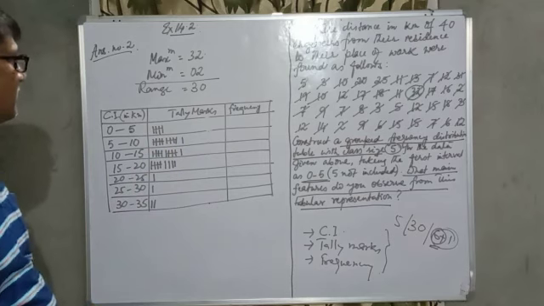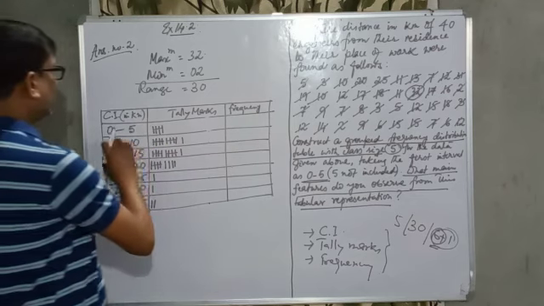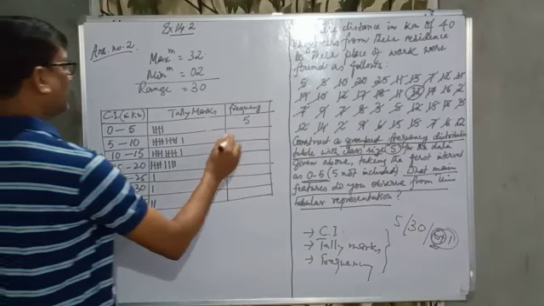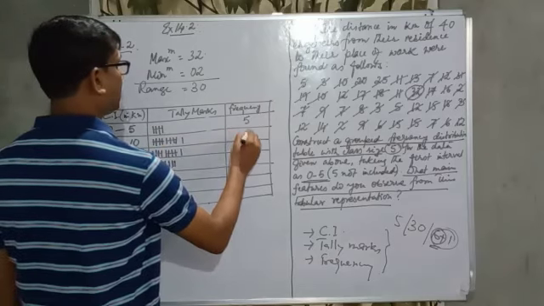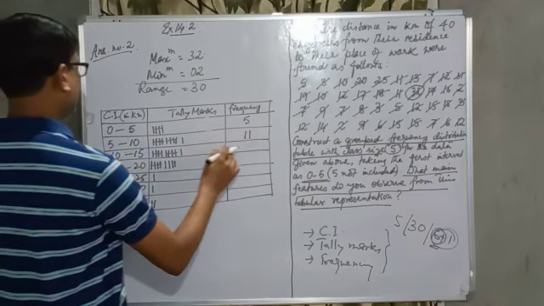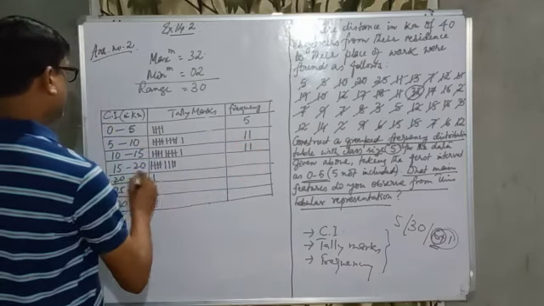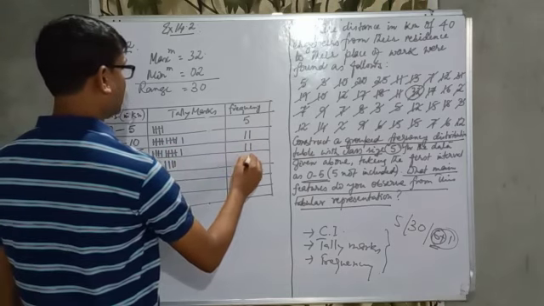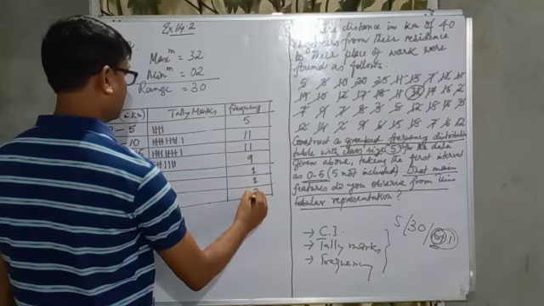Okay. So now, from the tally marks, 0 to 5, how many engineers? 5 engineers. 5 to 10, how many engineers? 11 engineers. Then 10 to 15, how many engineers? 11 engineers. Then here 5, then 4, 9 engineers. This is 1, this is 1, this is 2.